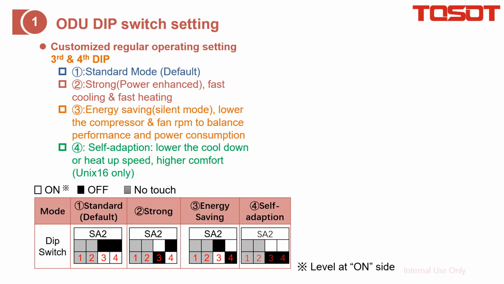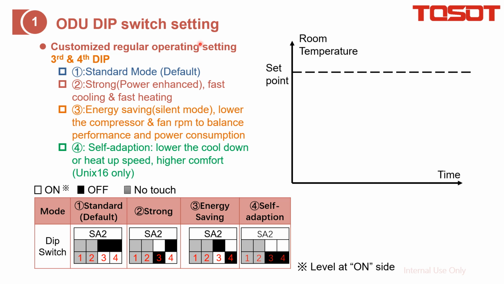For number 3 and number 4, the dips are to set the regular operating. Although we have this statement here, I think it is not that easy to understand, so I just drew a diagram for your better understanding. In this diagram, we have the room temperature, and here is the time. For example, we will do the heating.